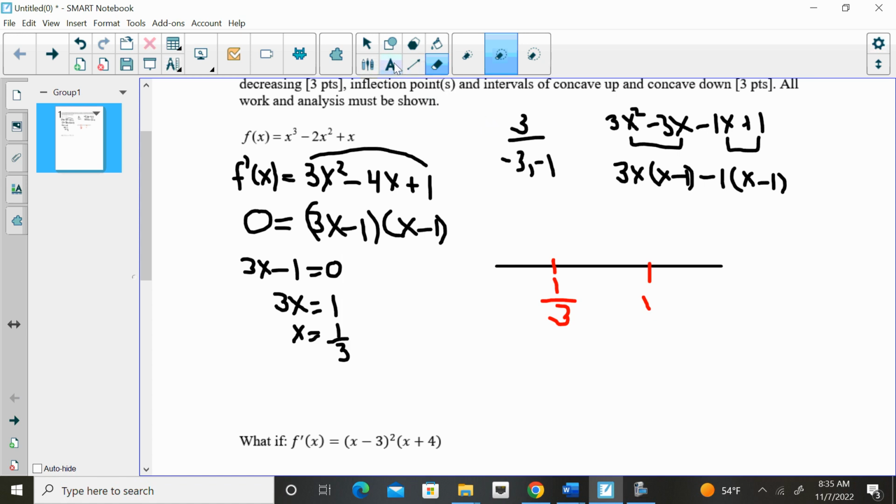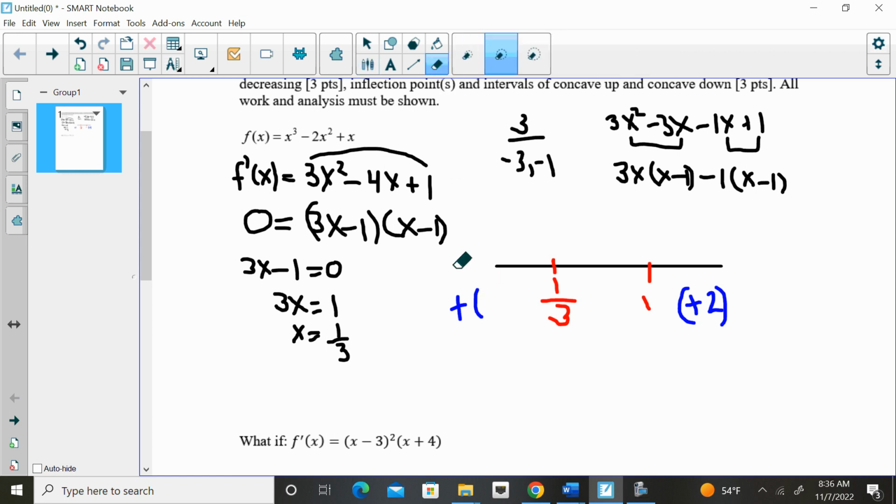Asking you to have a little bit in the way of fraction skills is totally fair game. Over here, I'm just going to write T for test. I'm going to test 2 because that's bigger than 1. That looks like a positive 2, but you know what I mean. And then I'm going to test 0.